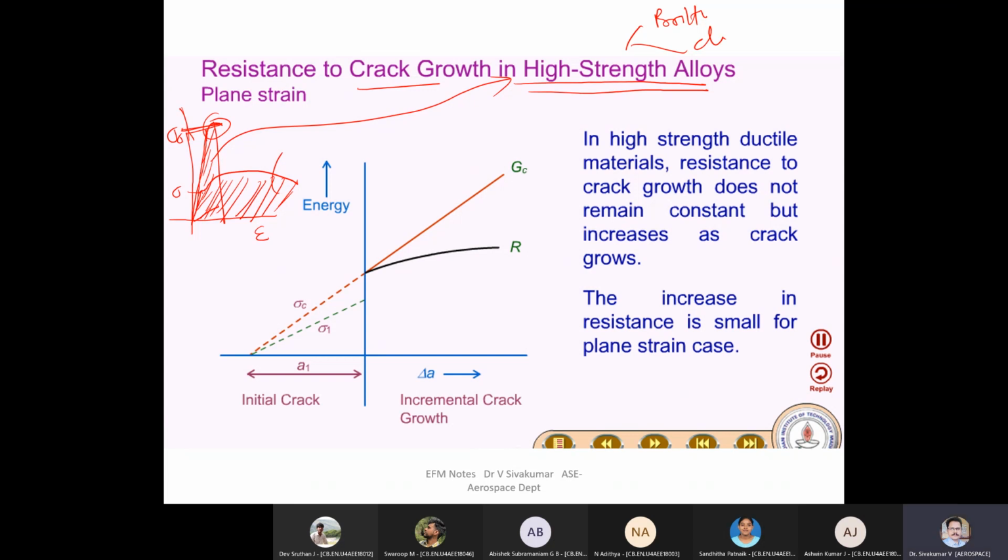So now, how does the resistance to crack growth happen in high strength alloys? Here we have taken the plane strain approach, because plane stress or plane strain means 2D planar structures. Why planar?